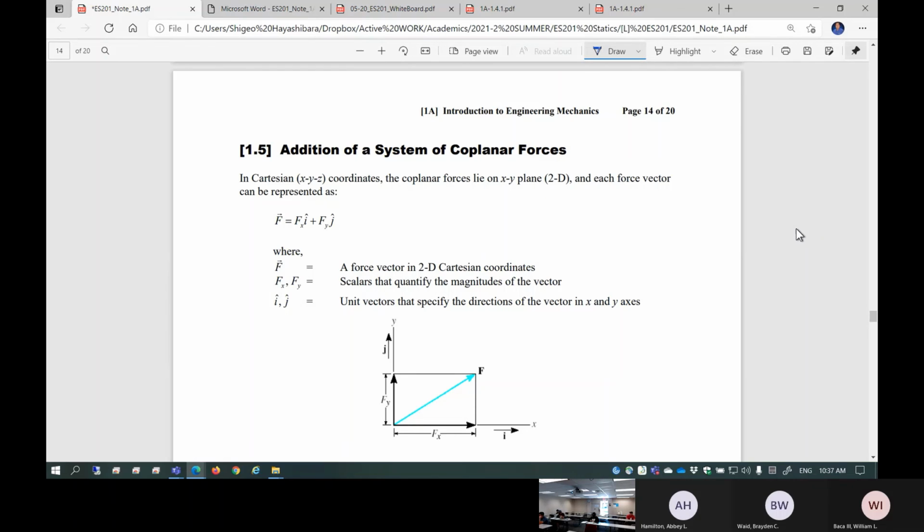Page 14. Section 1.5, addition of a system of coplanar forces. Now the term coplanar comes into play. What's coplanar? Anybody? I think we talked about it yesterday. They lie on the same plane. So typically this is a two-dimensional problem, typically x and y.